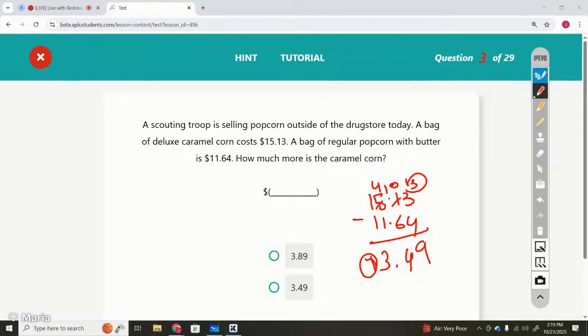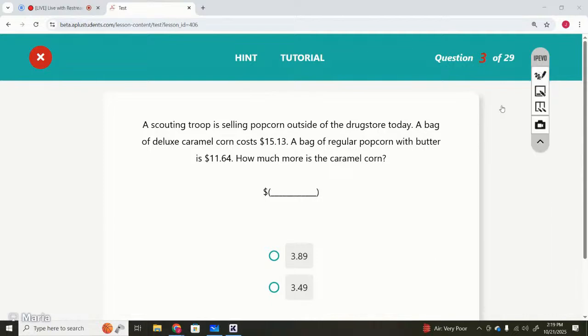So the answer is $3.49. Option number 2 is the correct option.